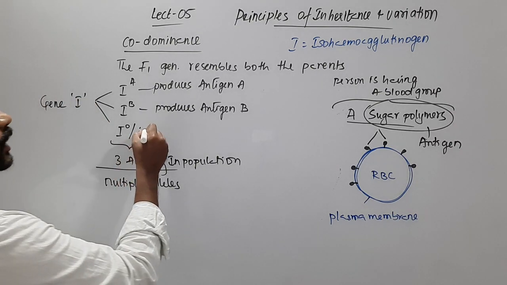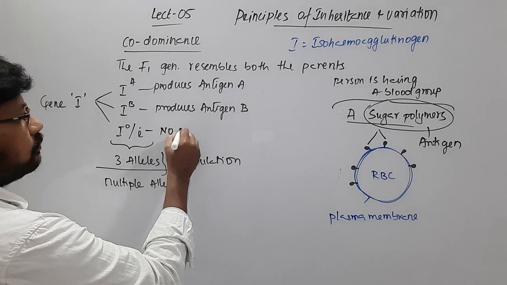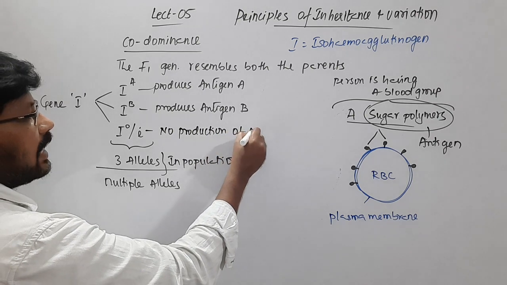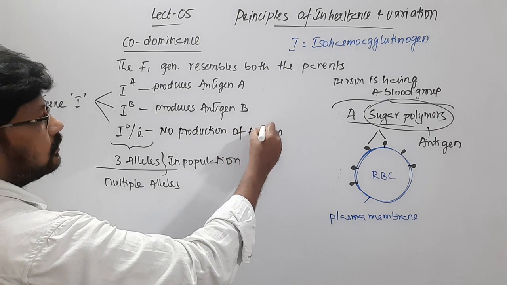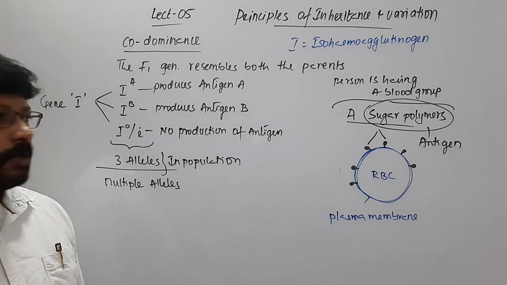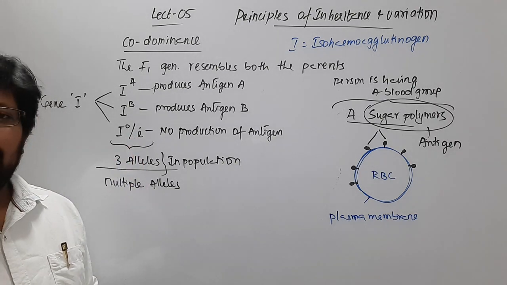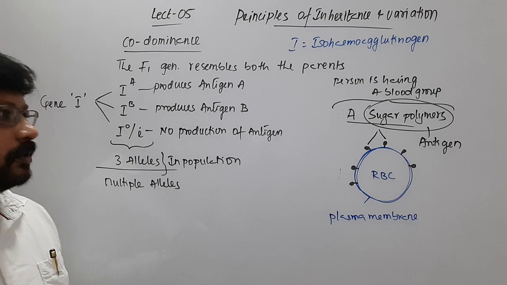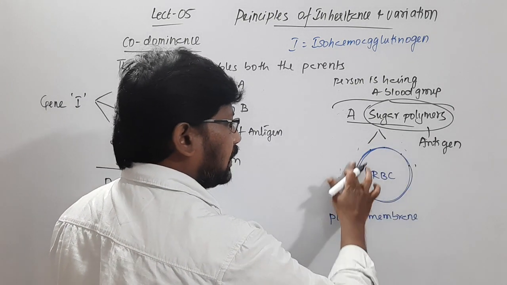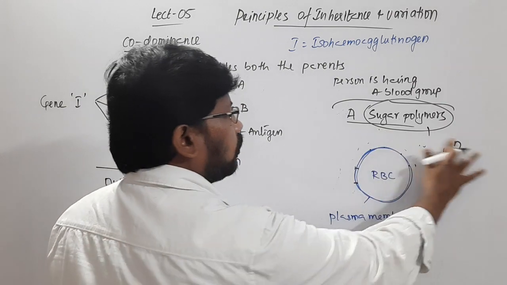And if there is no production of antigen, so antigen is not produced, then it is said to be O blood group. Here on the surface of RBC, we don't find any sugar polymers.